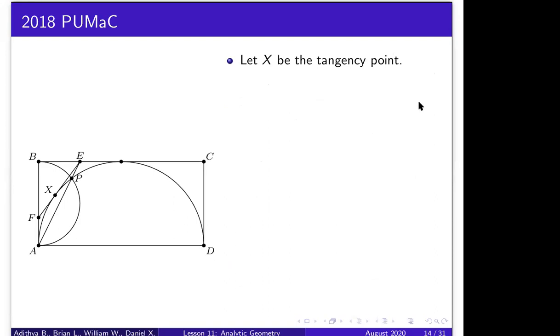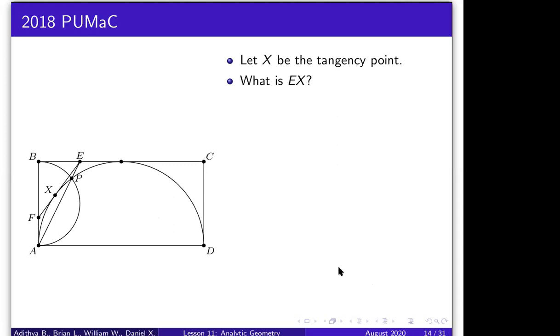And there's a couple of ways we can go about finding the coordinates of X. So we'll go through one way. So one way would be to find the length of EX, and note that then X would lie on a circle with center E and radius EX. And we can use the equation of that circle and the equation of the circle with diameter AD to solve for the coordinates of X.